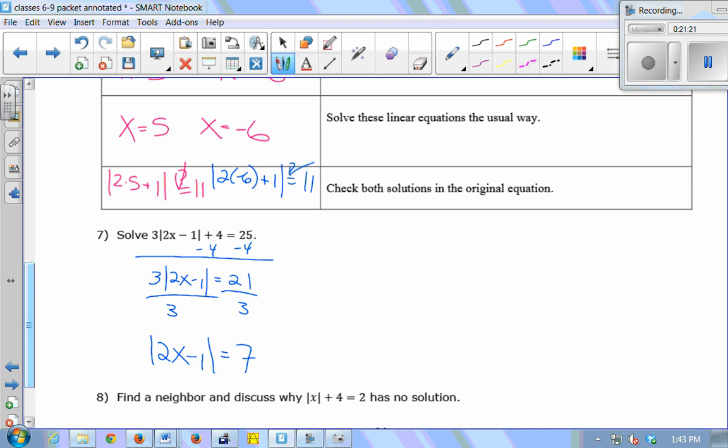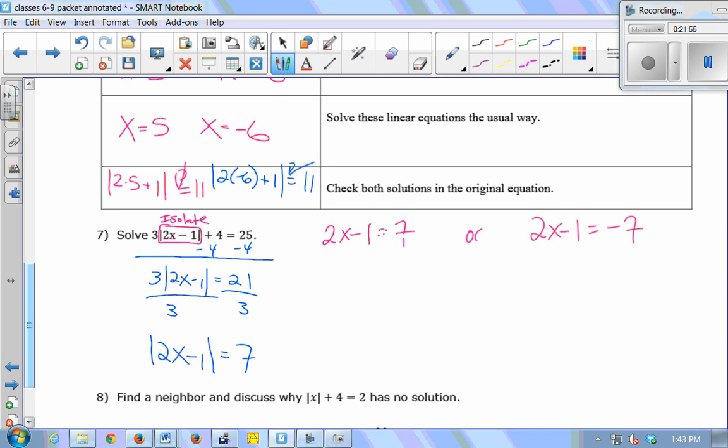And yeah, so you want to isolate that whole absolute value first, right? Isolate. Treat it like a variable, solve for it. And now it looks almost exactly like the problem we just solved. Now I know how to solve this kind of thing. Once I have the absolute value of some stuff equals a number, I can just say, okay, well, either my stuff is 7 or my stuff is negative 7.